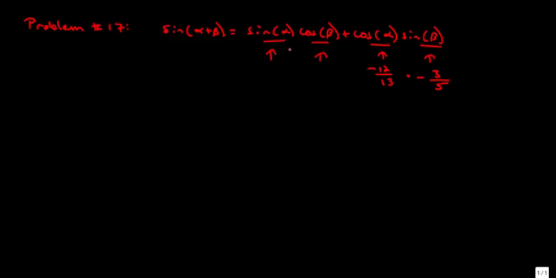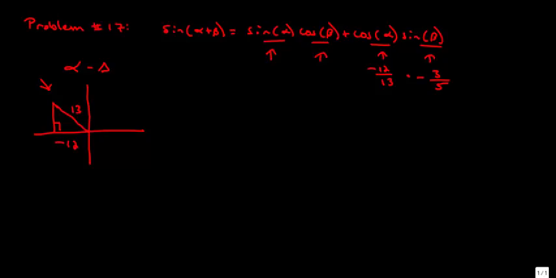So I'm going to draw out my alpha triangle. We're told that alpha is between pi over 2 and pi, which means that alpha has to fall in quadrant 2. Now I'll draw out my picture of an angle that falls in quadrant 2, and its cosine is negative 12 over 13.